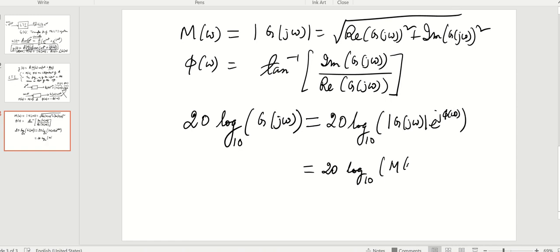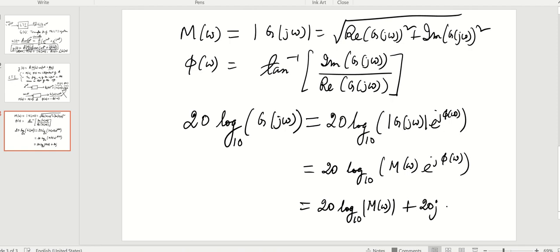This is m of omega, and this is e to the power j phi of omega, which turns out to be 20 log m of omega plus 20 j phi of omega times.